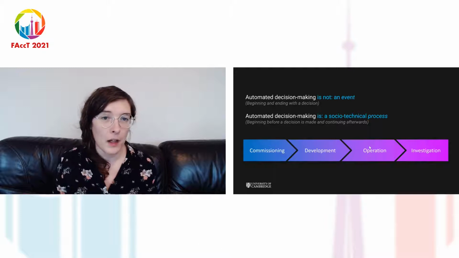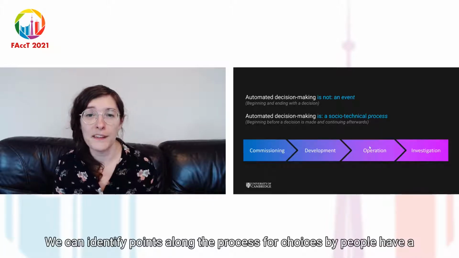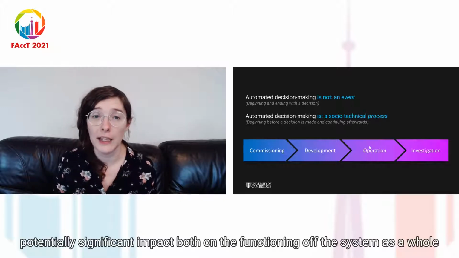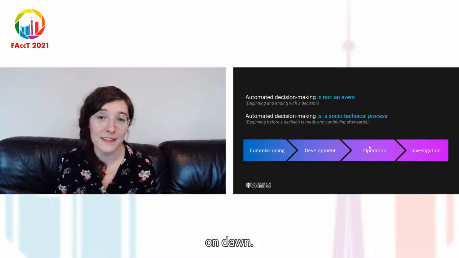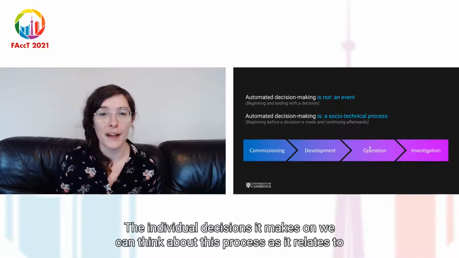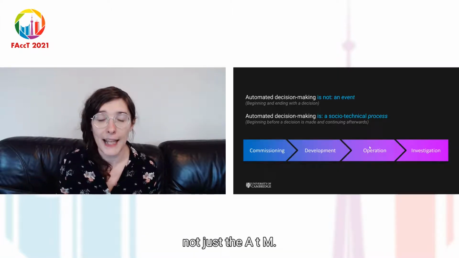With ADM, we can identify points along the process where choices by people have a potentially significant impact, both on the functioning of the system as a whole and on the individual decisions it makes. And we can think about this process as it relates to any algorithmic system, not just to ADM.